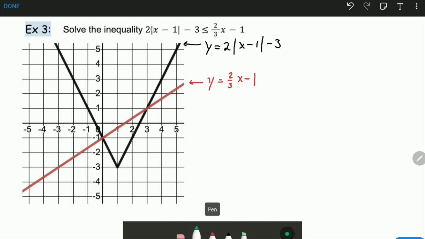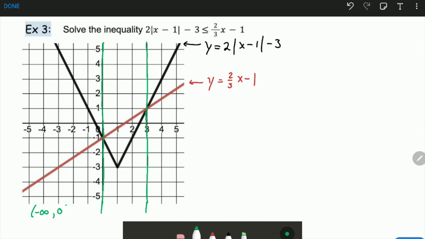Just like I've done before, I'm going to find the intersections, which are here and here. And I'll draw vertical lines at those spots to help me out with it. So there and there. This splits the graph into 3 regions, from negative infinity to 0.